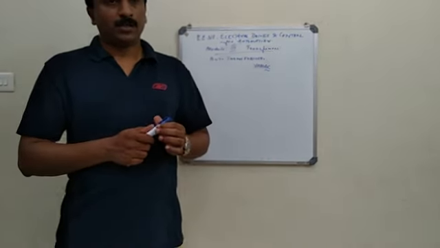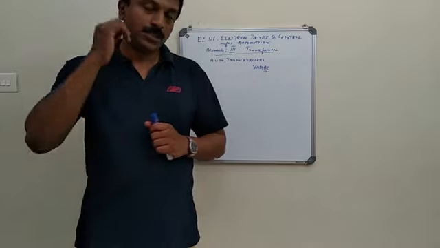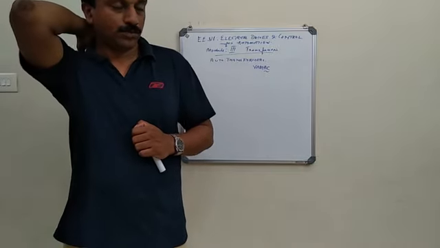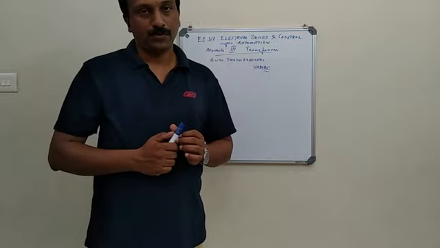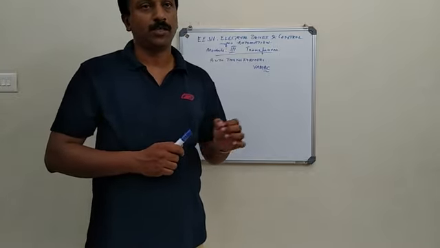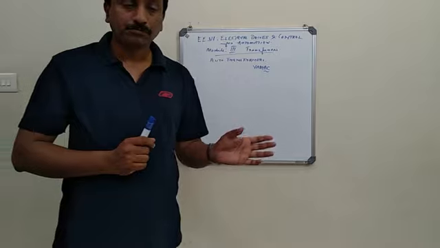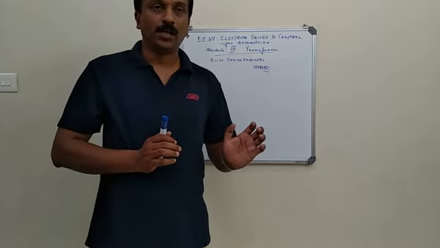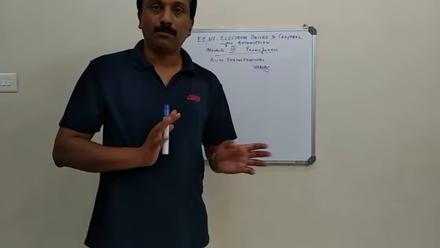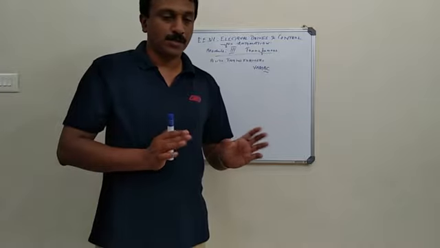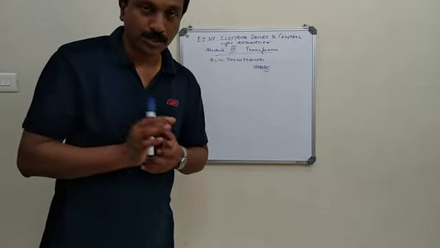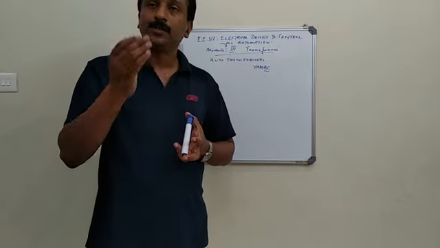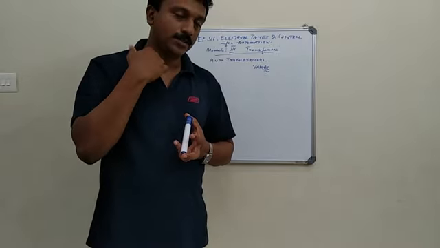Here one chief advantage of this autotransformer is the saving of copper. You can see that in the case of a two-winding transformer, you have two separate windings, and they handle the same amount of power. Based on the current requirement, the thickness of the conductor, etc., is determined.